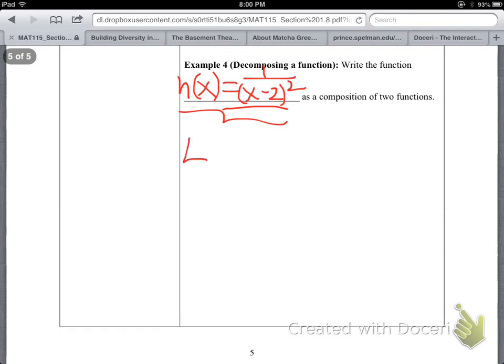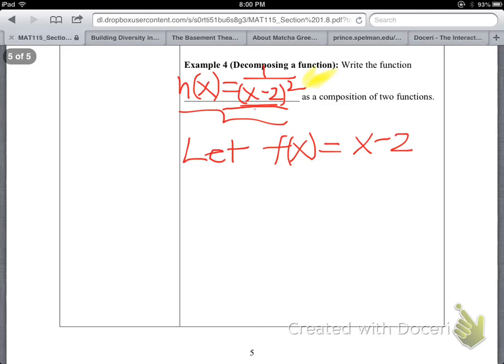Okay, so let f of x equal, you basically look and see, okay, what's going on with this function? Well, we have a linear expression, that x minus 2 in there, and then we also have this exponent right here. So we need to figure out, well, how can we decompose those two things?